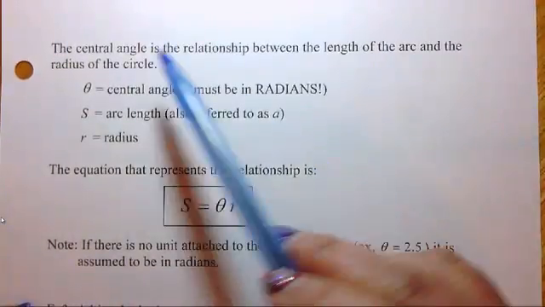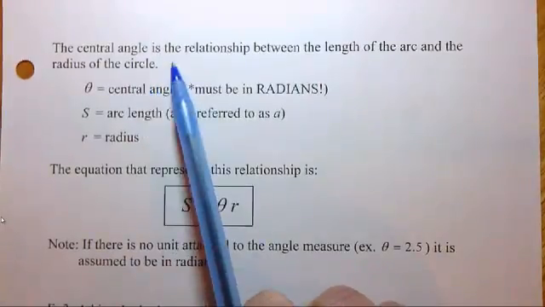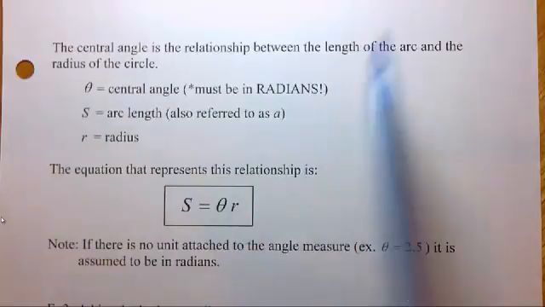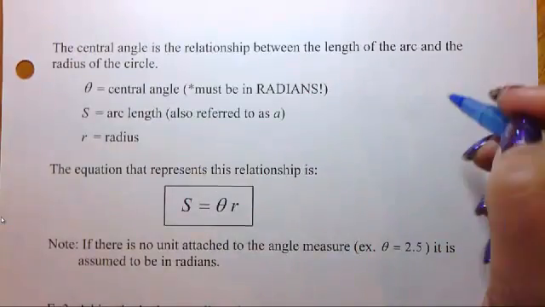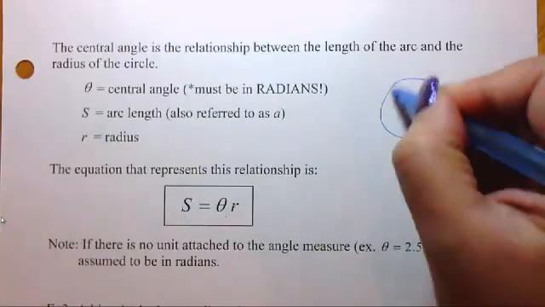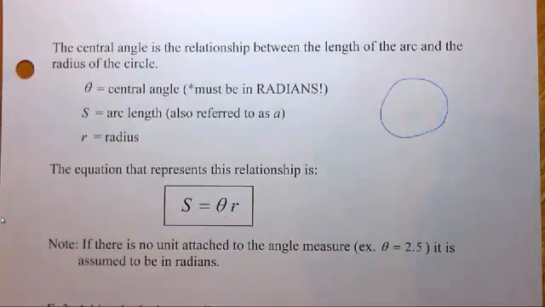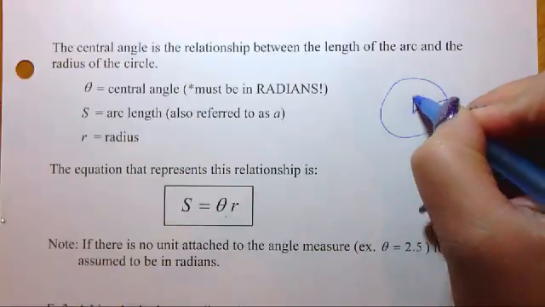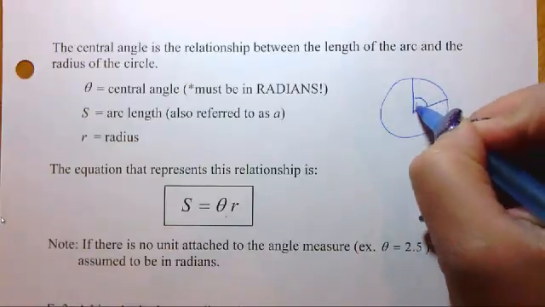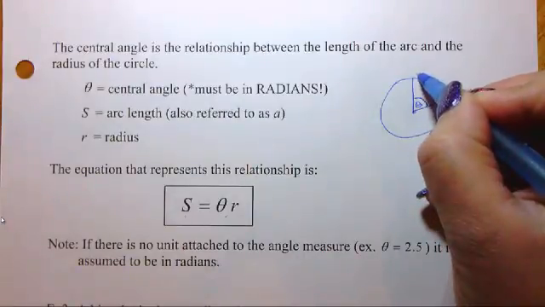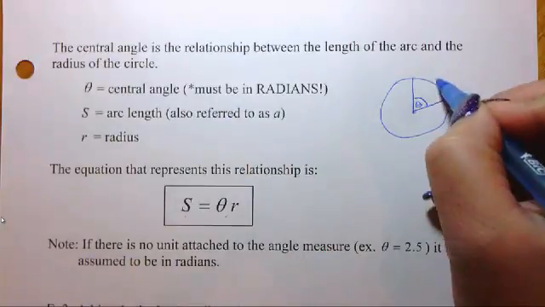Here we've got a central angle and the relationship between the length of the arc and the radius of the circle. So this is the relationship. Let's have a look at what this actually means. Here is a circle, and then you've got the central angle, an angle that is in the center here. This would be the arc length.